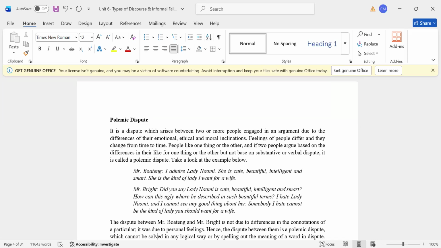I'm sure some of you are in a relationship or you are married. And I'm sure one or two of you may have experienced something of this sort, that you have gone to introduce your partner to your parents and you intend to marry your partner. If you have gotten to this level, it means that you have seen your partner and you think that he or she meets your feelings.